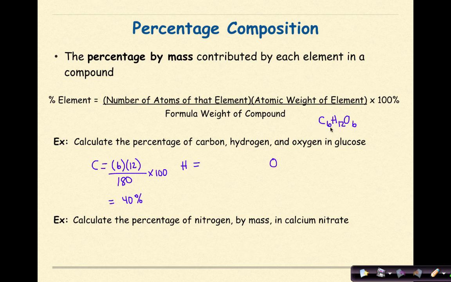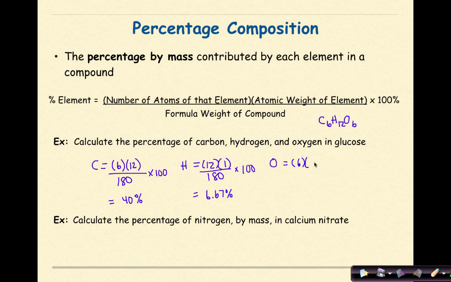I'm going to do the same thing for hydrogen. I look at my formula. I have 12 hydrogens. Each hydrogen has an atomic mass of 1 divided by the total mass of 180 and multiply this entire thing by 100, and that will give me a percentage of around 6.67%. Finally, with oxygen, I have 6 oxygens in this compound.